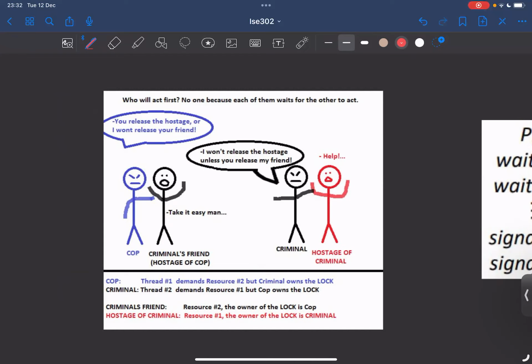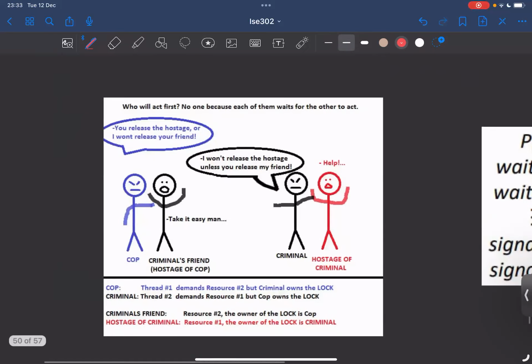And this is also true for the cop. This situation creates a deadlock scenario where both parties aren't willing to meet the other's demand. The cop is holding the criminal's friend and the criminal is holding the hostage. The solution might involve a third-party mediator, a change in demands, or a coordinated effort to ensure the safety of both the hostage and the criminal's friend.